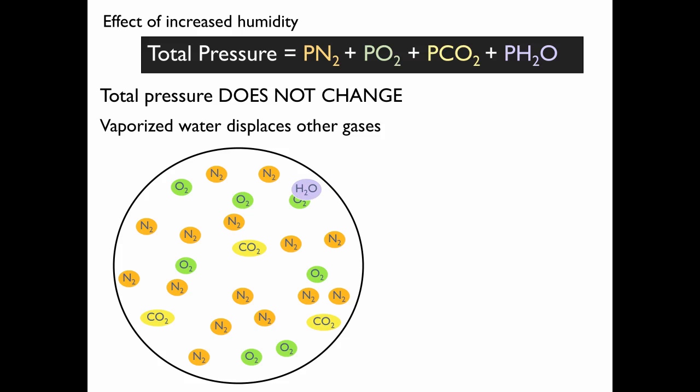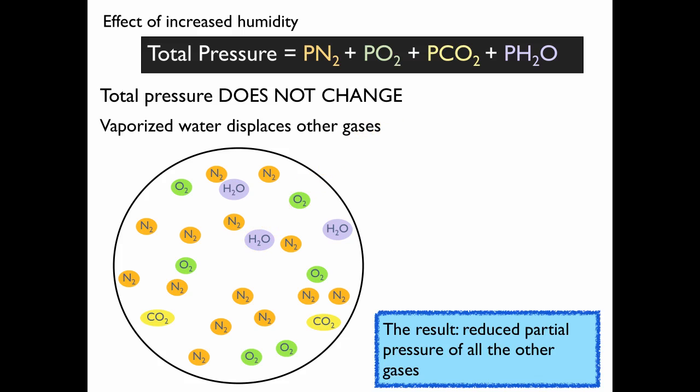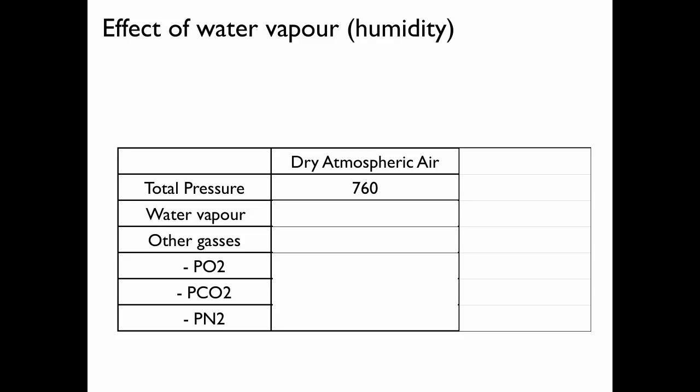As water comes in, it replaces different gas molecules, so there will be less of them. Here water is replacing nitrogen, oxygen, and carbon dioxide, so the partial pressure of all these gases decreases. The partial pressure of nitrogen goes down, the partial pressure of oxygen goes down, and the partial pressure of carbon dioxide goes down.